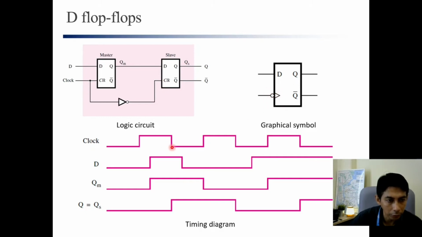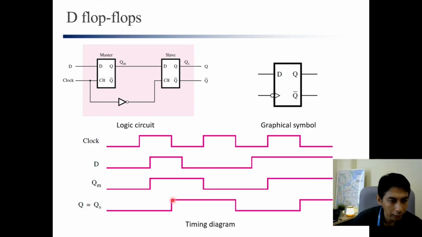So this one is the negative edge. For example here, we see we have clock here and D changed already here. For the latch, Q will go high already, but for the flip-flop, it will go high at the negative edge of the clock here, exactly the negative edge.